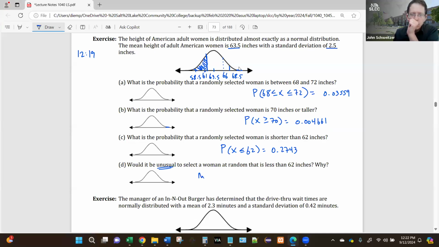No, not unusual, because 0.2743 is more than 5%. It would not be unusual at all. Great, so that's all we need with GeoGebra for working with the normal distribution.